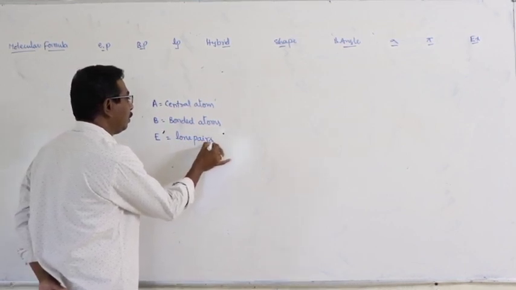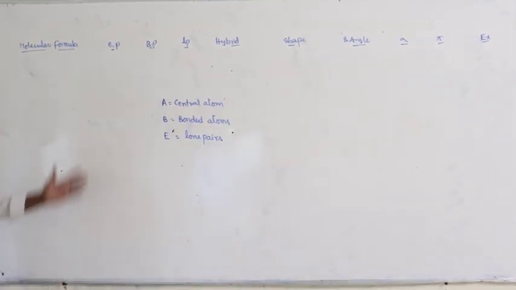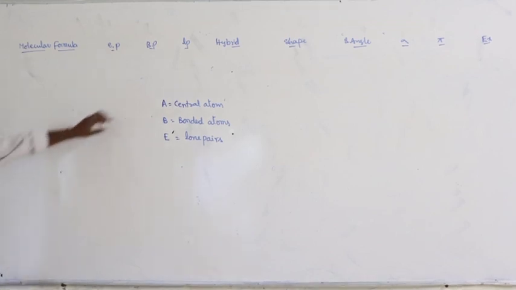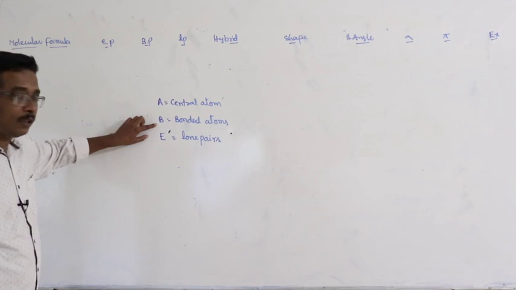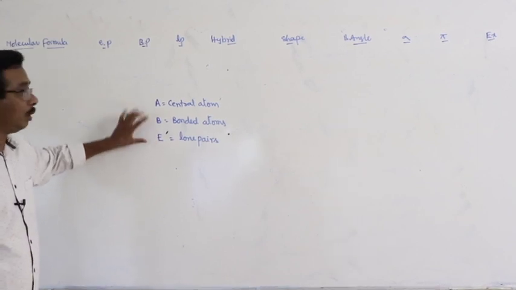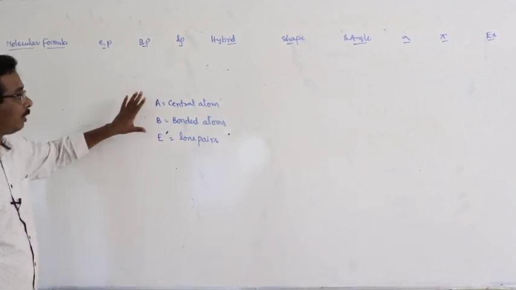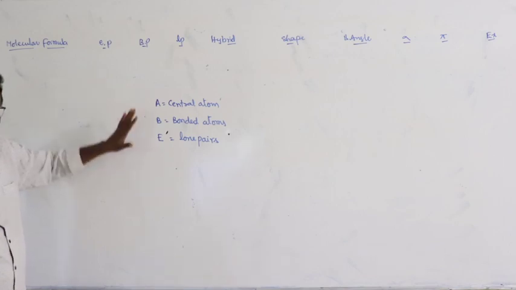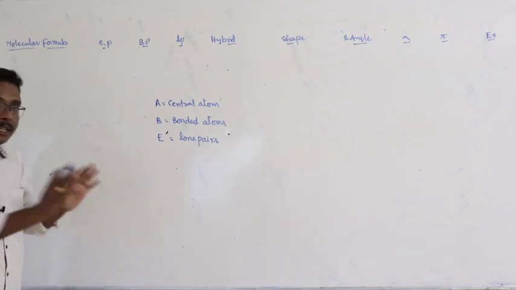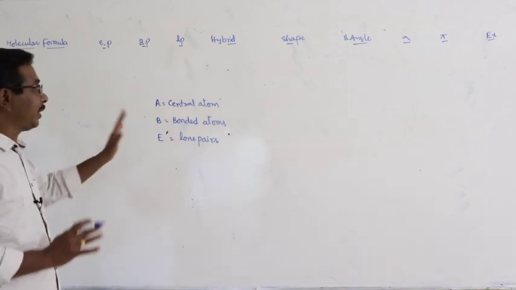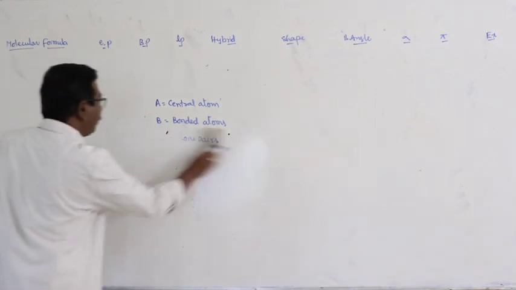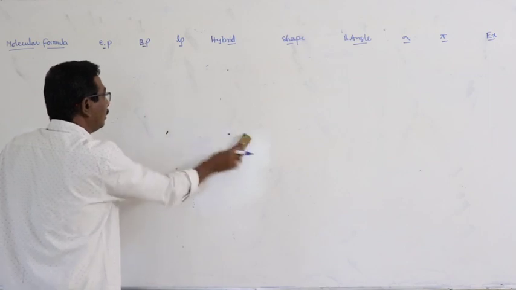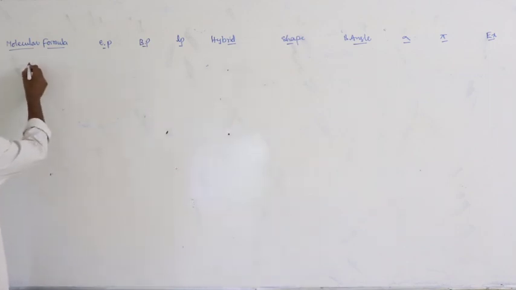You have to keep in mind this: A, B, E. A is the central atom, B is the bonded atom, E is the lone pair. That is the general consideration.